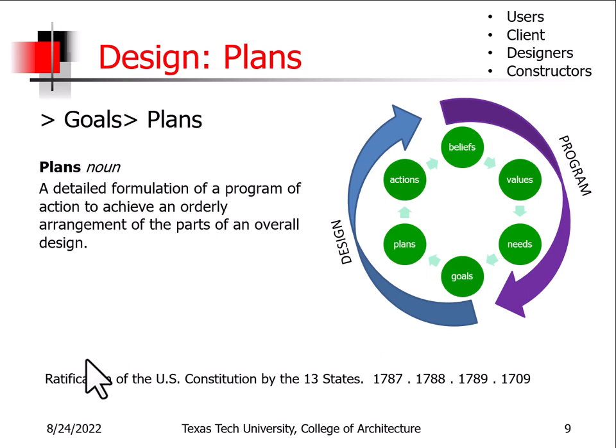The Constitution was that plan, and it took 21 years for it actually to be ratified by all 13 states. Fortunately, we didn't have 50 states at that time, or we would probably still be arguing over the ratification of it.